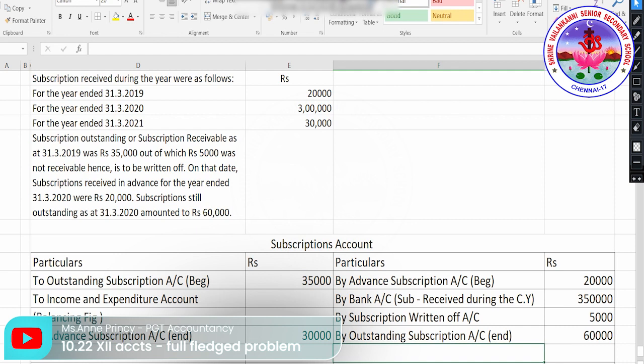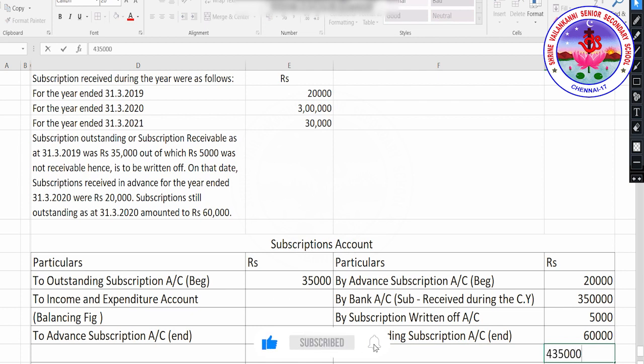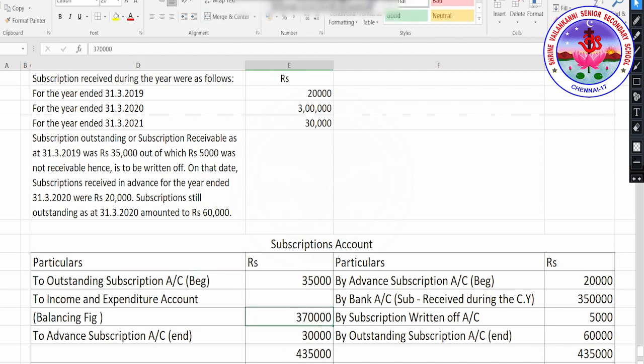So if I'm doing this, the total of the credit side is 4,35,000 minus 35,000 and 30,000, which is 65,000. So my balancing figure here will be 3,70,000. I hope that this part is clear to you.